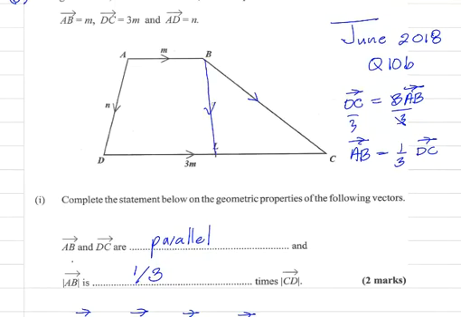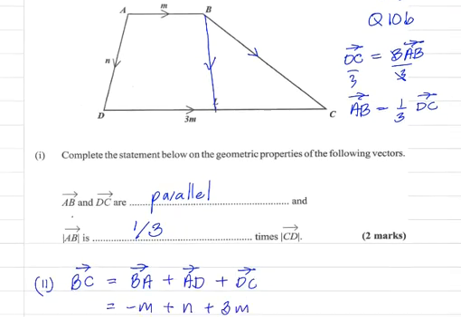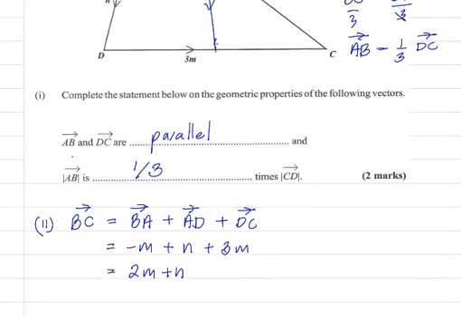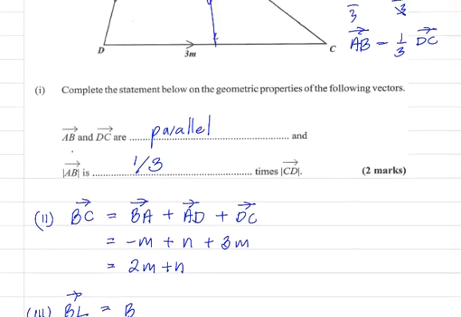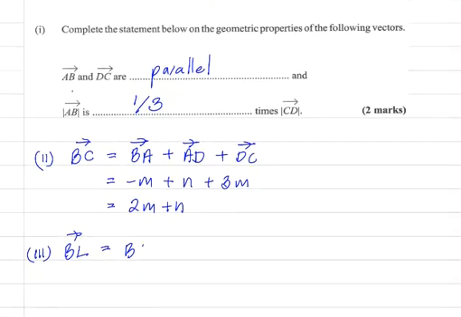Using the triangle law of vectors, I could say that BL is equal to BC plus CL. It starts at B, ends at L, and the next letter is in the middle.